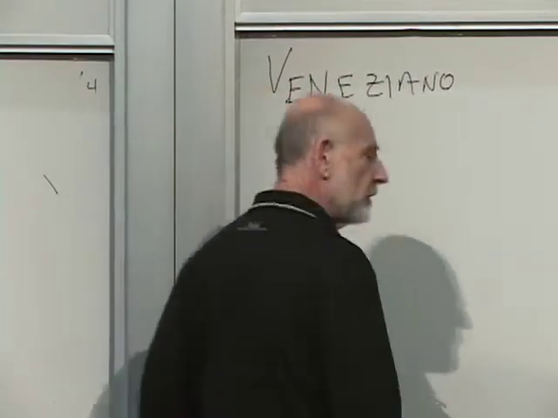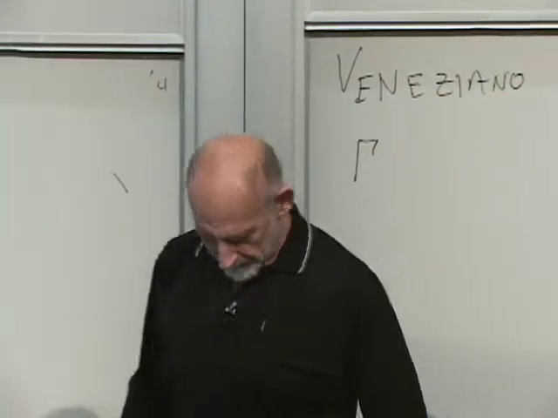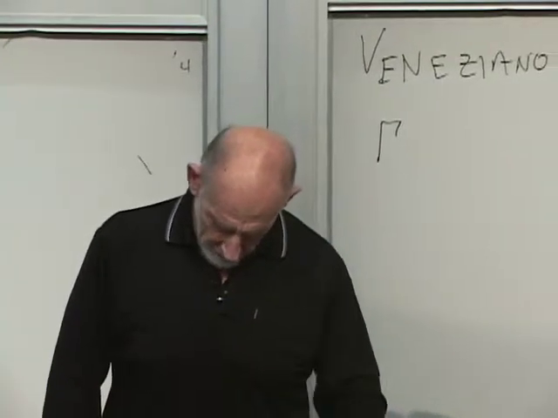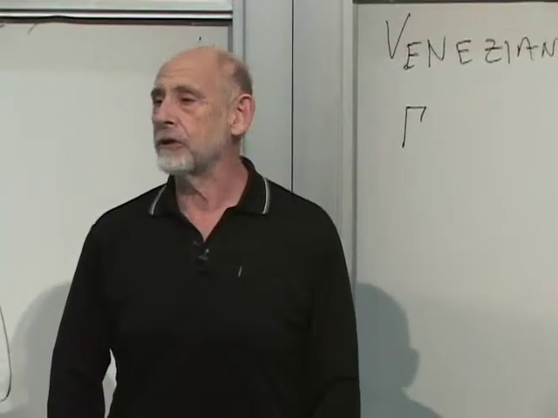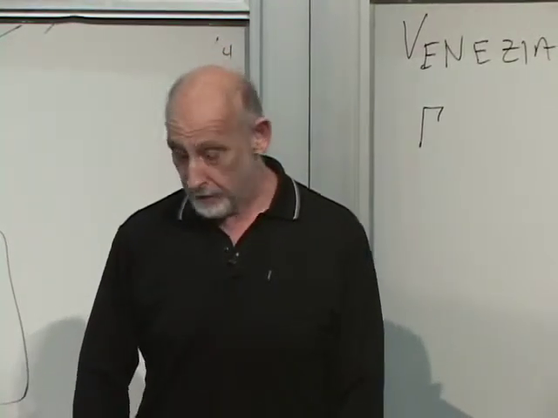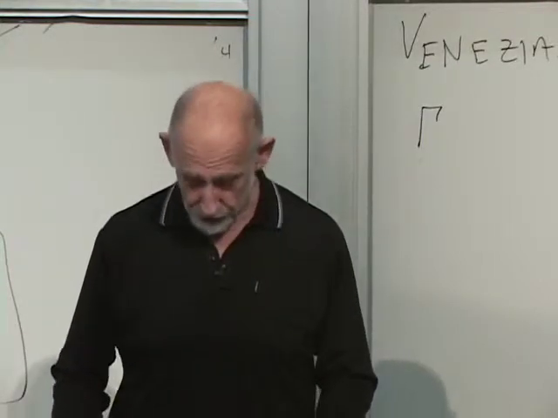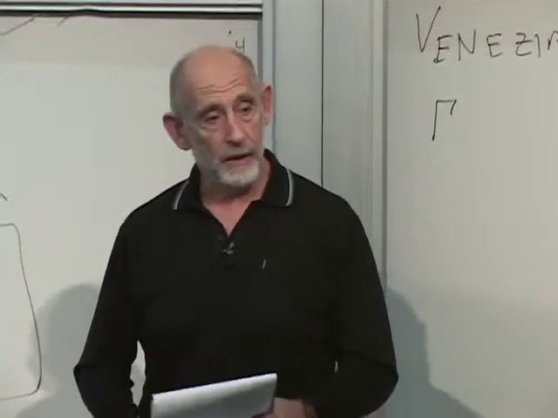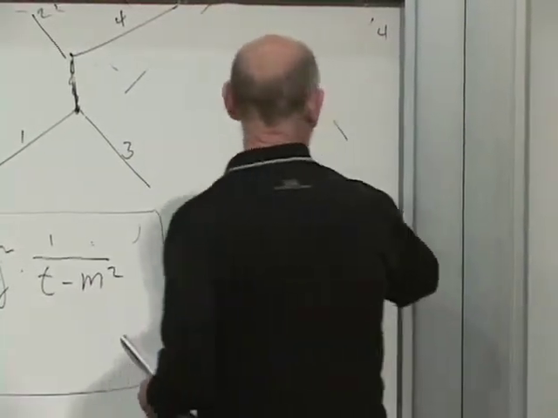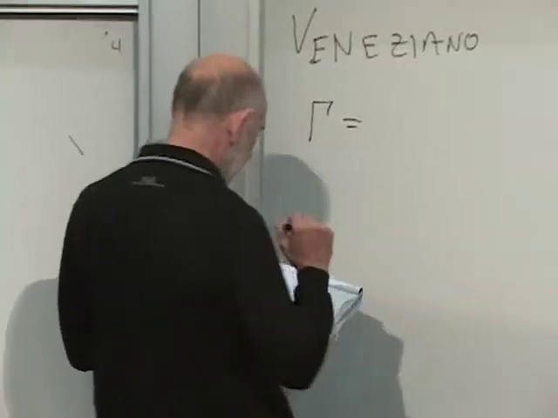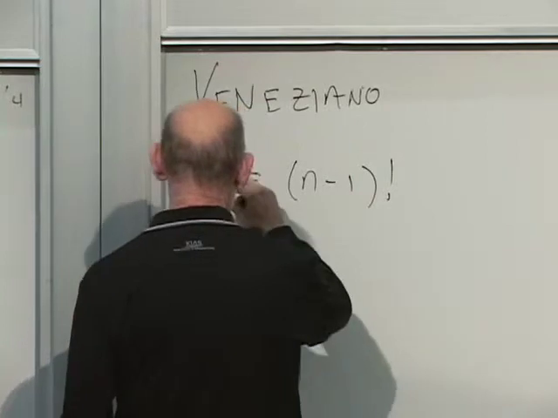Everybody know what the gamma function is? Well, the gamma function, you don't need to know it, but I'm just going to write down the formula for fun. The gamma function is a generalization of the factorial function. But the factorial function is only defined for integers. The gamma function is interpolated between integers. The gamma function for the integers is equal to n minus 1 factorial, gamma of n.